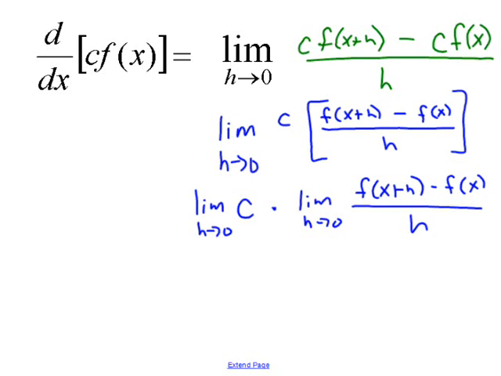The limit as h approaches 0 of c, so any constant's a horizontal line, the limit is always going to be c. And over here you can see, oh, that's the definition of the derivative. That is f prime of x. And so we proved the derivative of c times f of x is the same thing as c times the derivative of f of x.